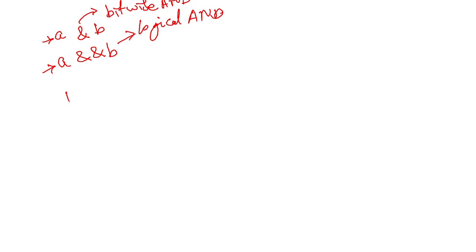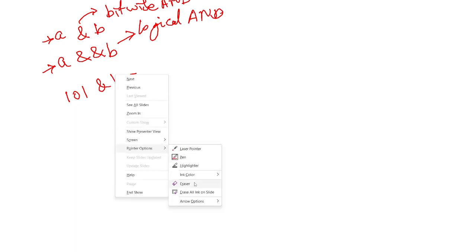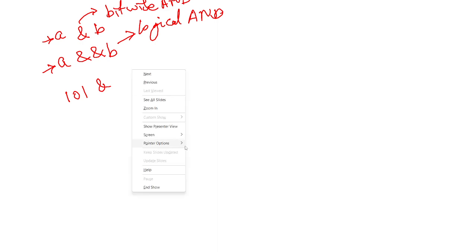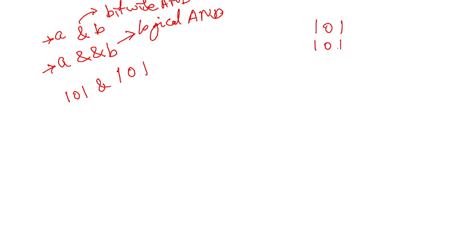So if I have 101 and I use 1 ampersand, bit by bit I will be performing the AND operation. So 1 and 1 is 1, 0 and 0 is 0, 1 and 1 is 1. So the output will be 101.